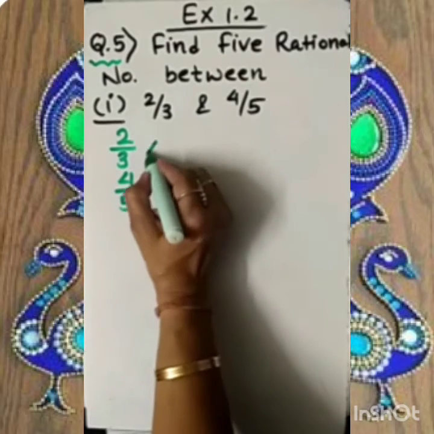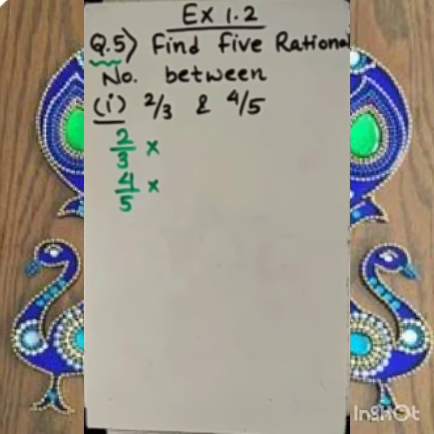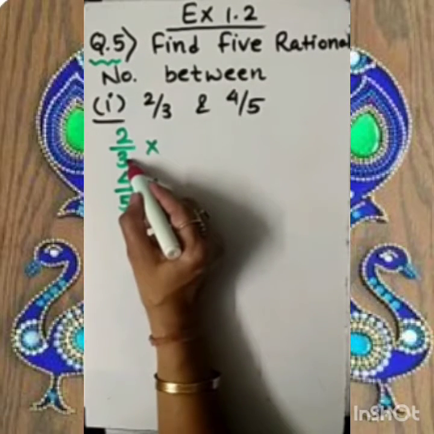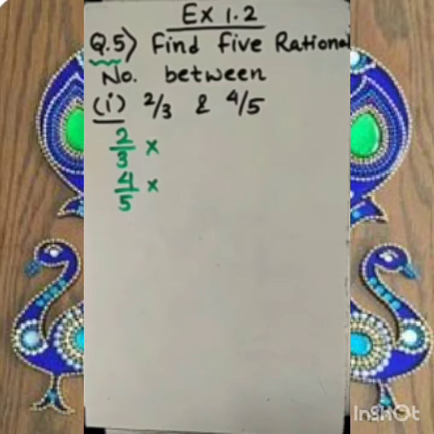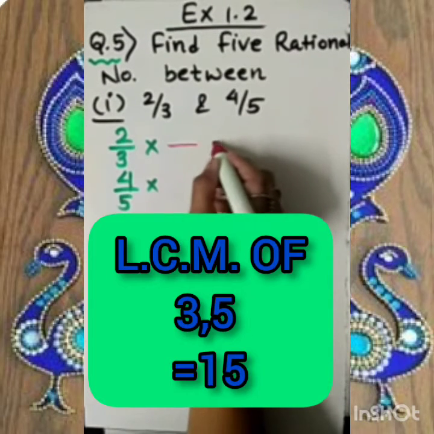Now, the first question in your mind will be, are they like fractions? No, they are not. So, in such a case, what do we have to do? We have to bring them into like fractions by taking their LCM, meaning of 3 and 5. You know very well the LCM of 3 and 5 is 15.